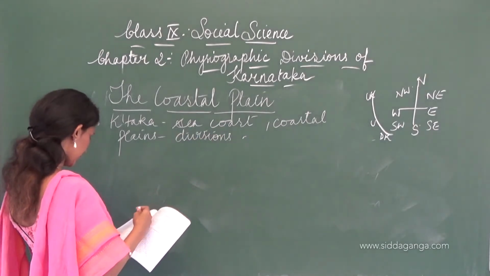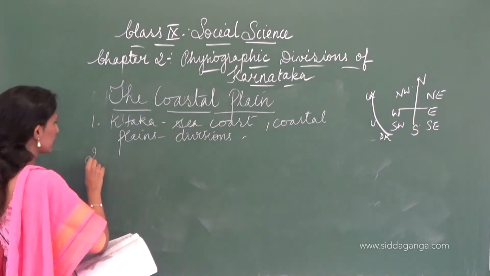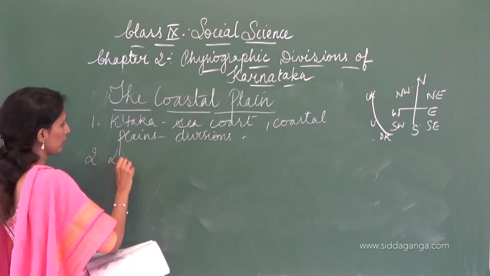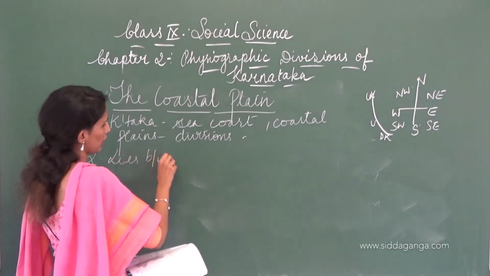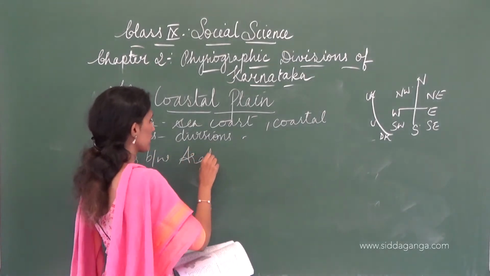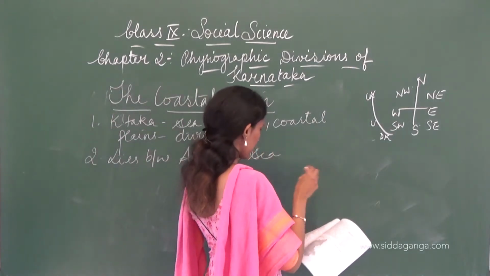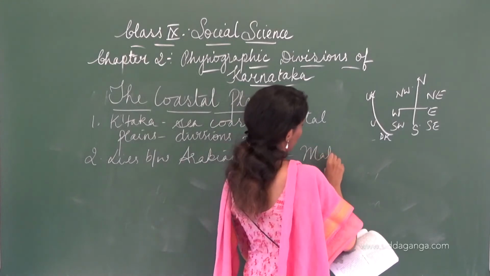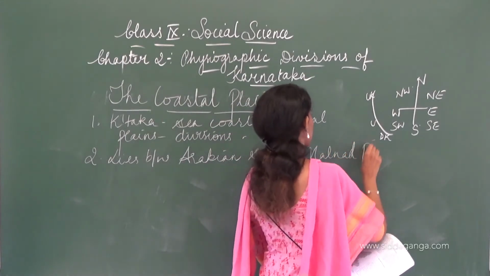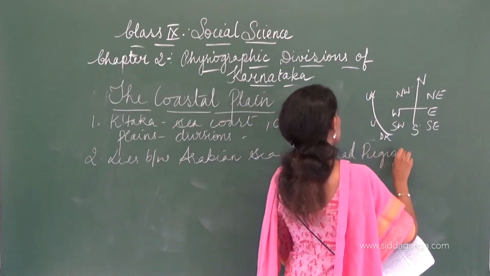Now the physical division lies between the Arabian Sea and the Malnad region.